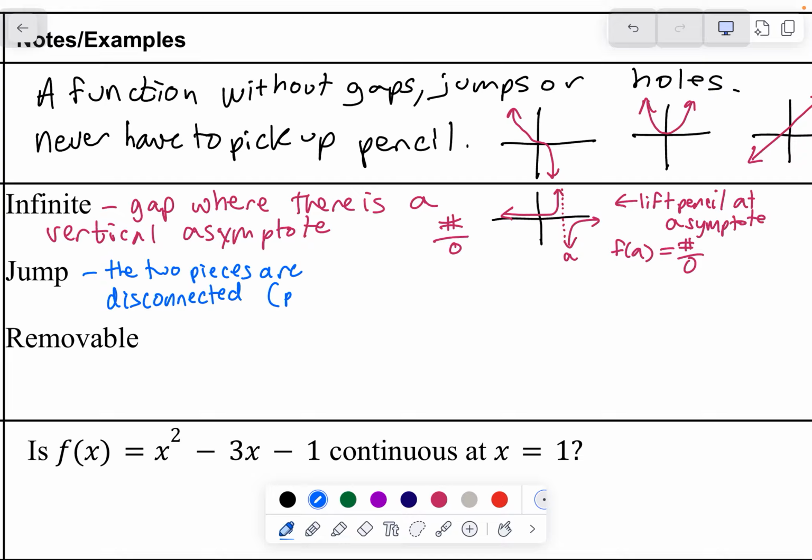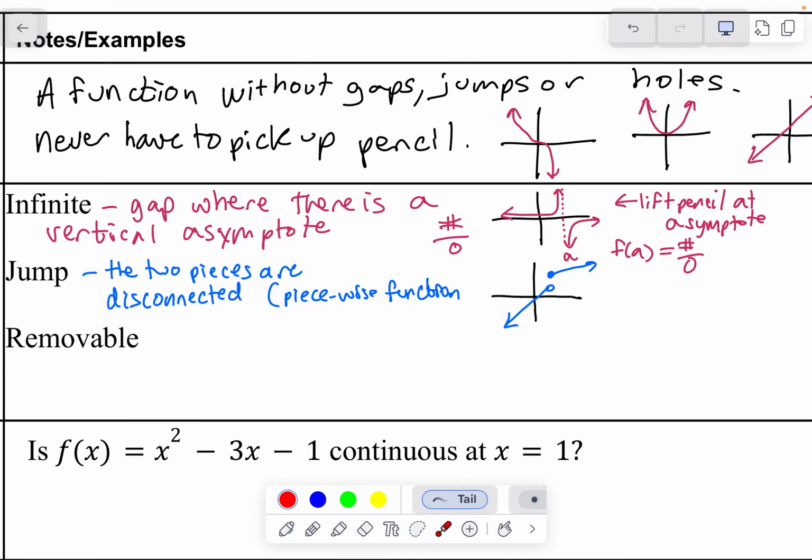So usually this is a piecewise function. Now some piecewise functions, the pieces connect, and you don't have this issue. So in this particular case, we would have this graph where we would have one piece, then there's some kind of disconnect, and we would have a different piece.